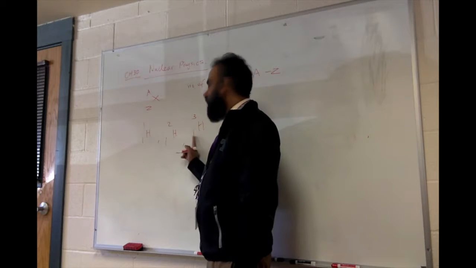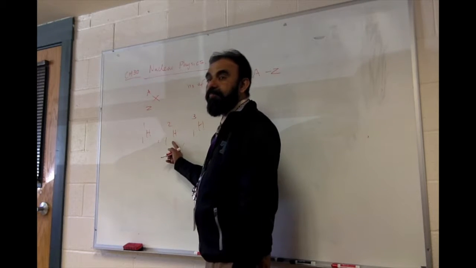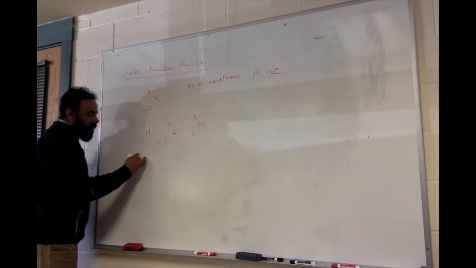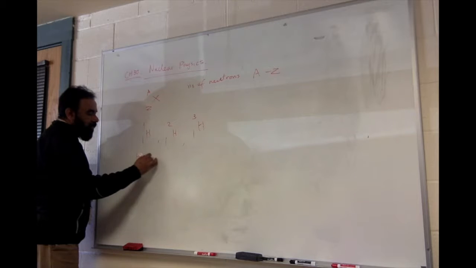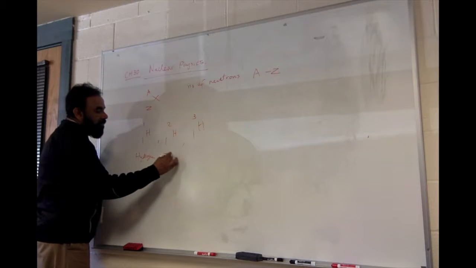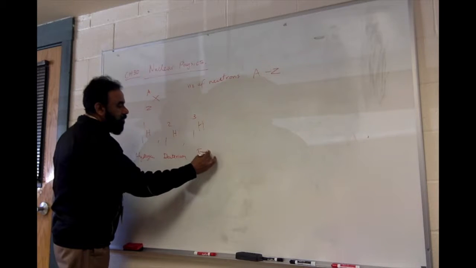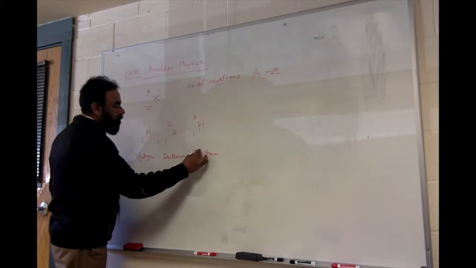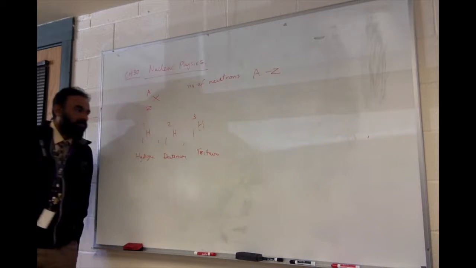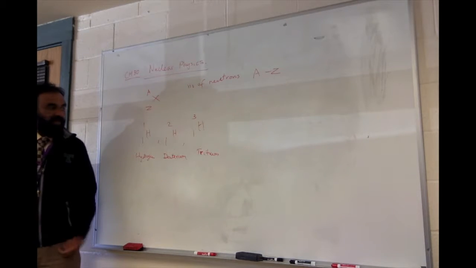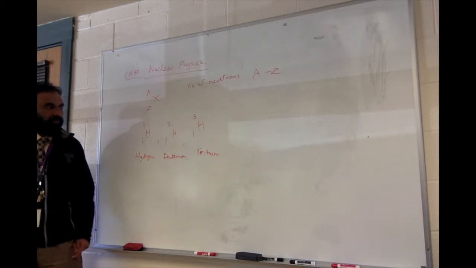This is deuterium. So this is hydrogen, deuterium, and tritium. So these are the three isotopes of hydrogen that are called differently.